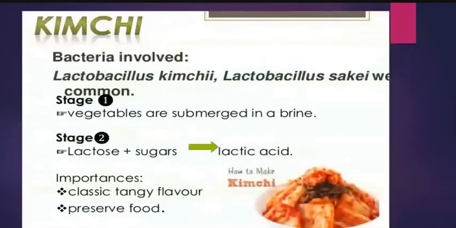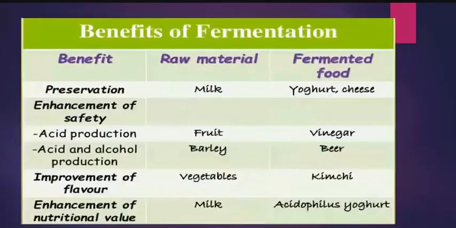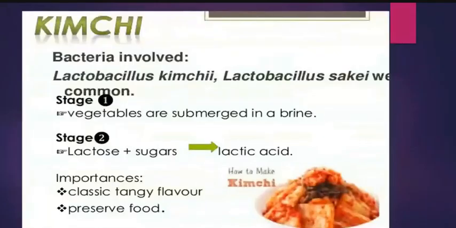So kimchi is a fermented product from vegetables. It is nothing but cabbage submerged in brine. Brine solution, you know, is the salt solution. In that, the lactose and also the sugars present in the vegetable will get fermented and converted into lactic acid.